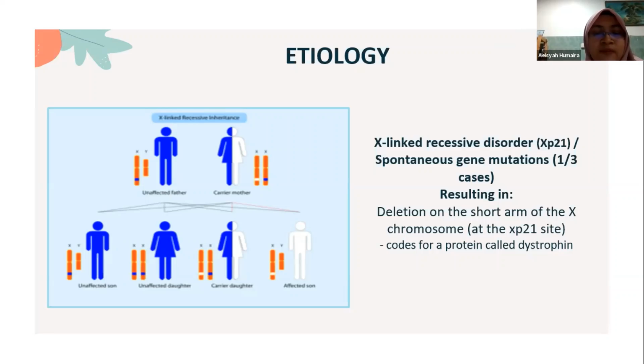But for girls, if they have a defective gene, they have another one. So women can be carriers and asymptomatic. So a carrier mother will give half of her future sons the mutation, and half of her future daughters will be carriers.